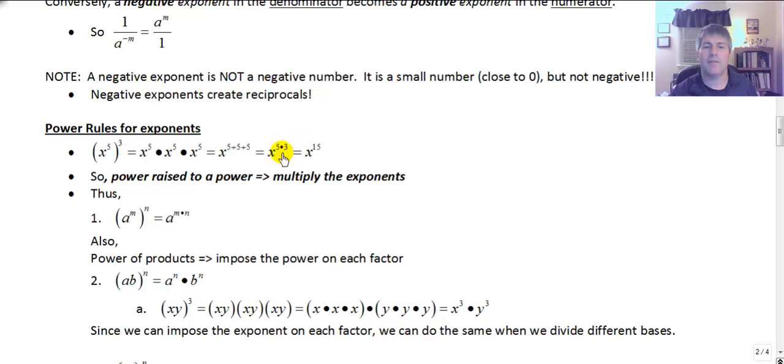But that's the same as x to the 5 times 3, or x to the 15th. This would be 15 x's all strung in a row multiplied together. So we can conclude from this that a power raised to a power, we multiply the exponents. So if we have a to the m all raised to the n, a power m raised to another power n, we will multiply those exponents. We get a to the m times n.